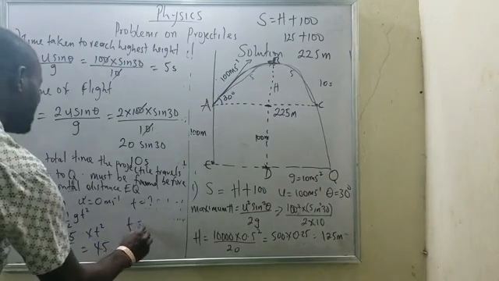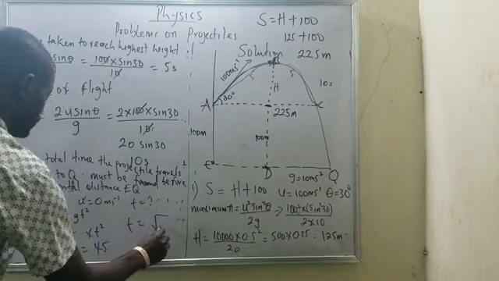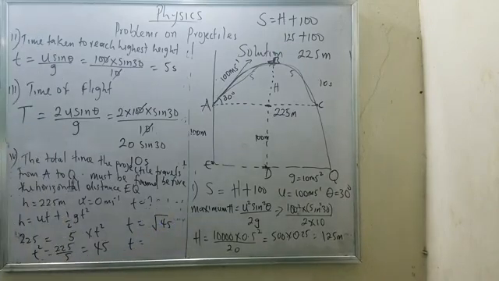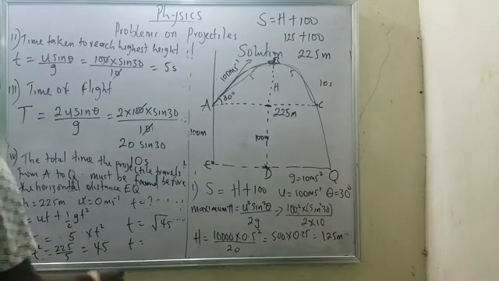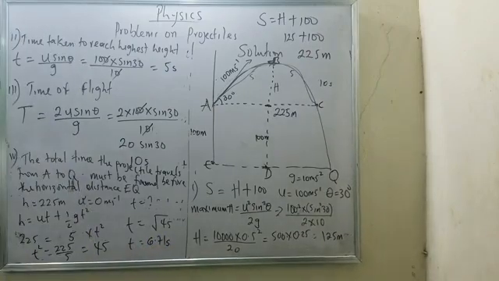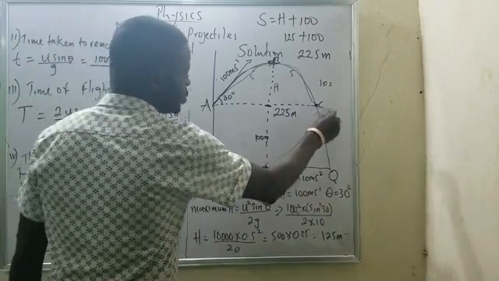Now, my t equals root of 45, which, when I press my calculator, is 6.71 seconds. That is the time from here to here.